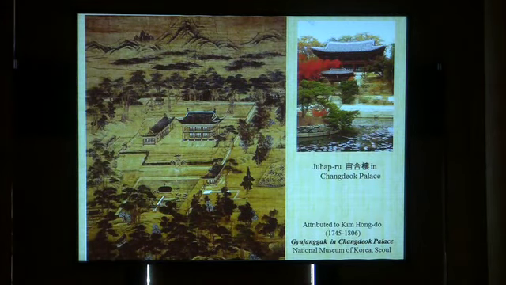This is Kim Hong-do's painting of Gyujanggak in Changdeok Palace in Seoul. If you have been to Changdeok Palace, it's called Juhapru right now, but it used to be the building called Gyujanggak during the Joseon Dynasty.